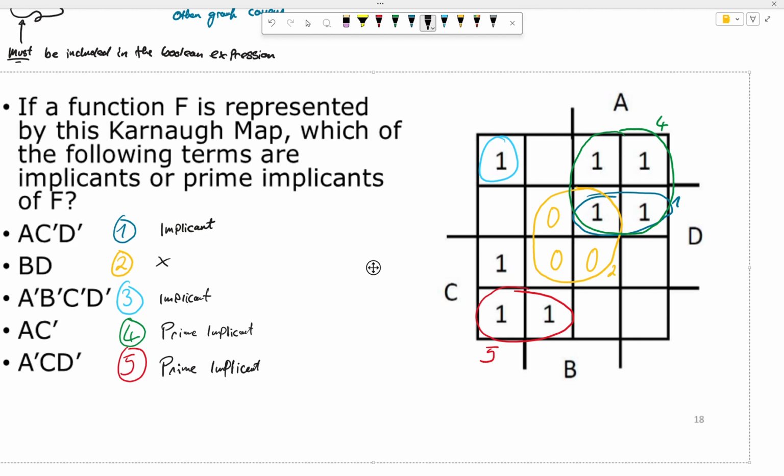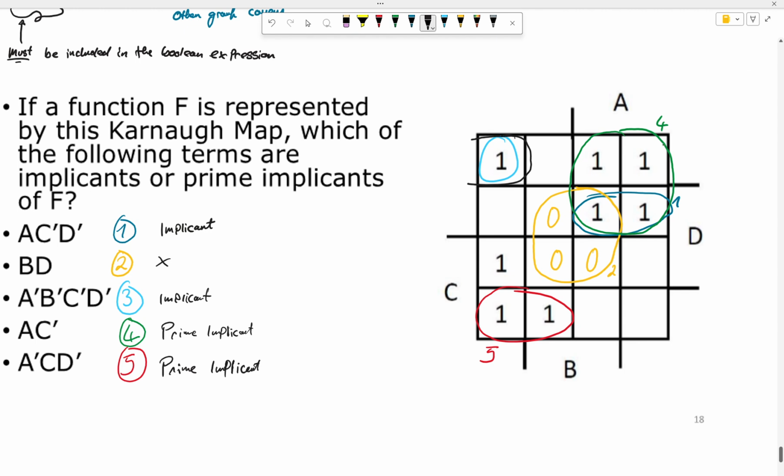However, is it a prime implicant? No. This can be expanded to be a group like this, which would be a group of 2 ones, which is larger than 1. Thus, it is not a prime implicant. In a situation where there is no 1 here or any 1 here, then this would become a prime implicant.